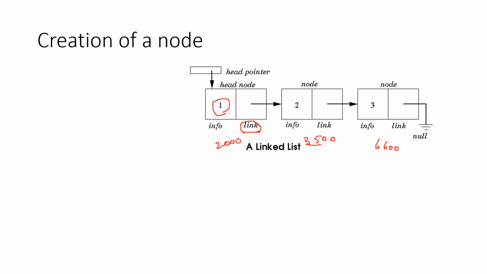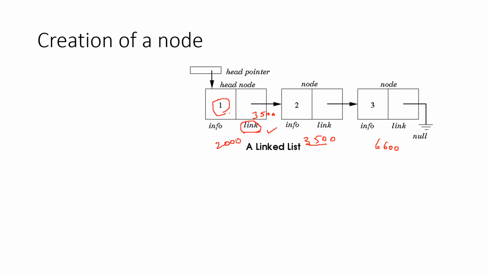What's the address of the second node? It's 3500. So that address will get stored here. That means if a particular variable is storing the address of another variable, then it would be a pointer variable. So definitely the link field will be a pointer variable.